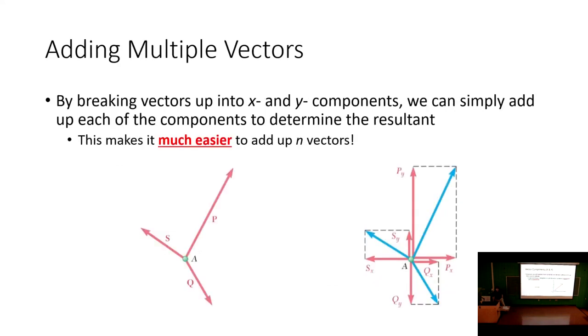Now, here's how this is going to work. Let's say I have a problem like this. This has 3 vectors on it. It could be 4 vectors, it could be 27 vectors, what have you. Up until now, what we would do is take these vectors and deal with them 2 at a time.